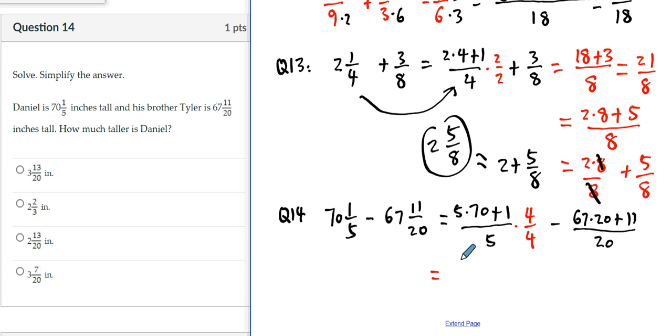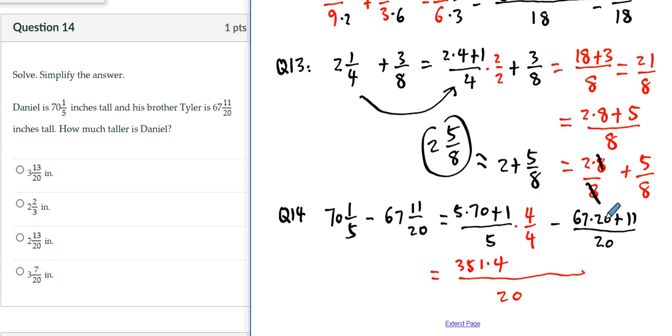So then what you do is 350 plus 1, so 351 times 4 over 20.